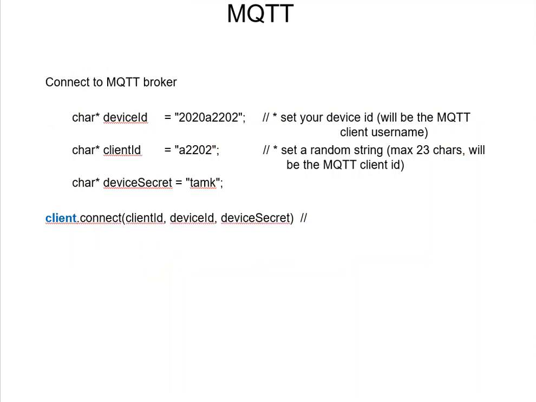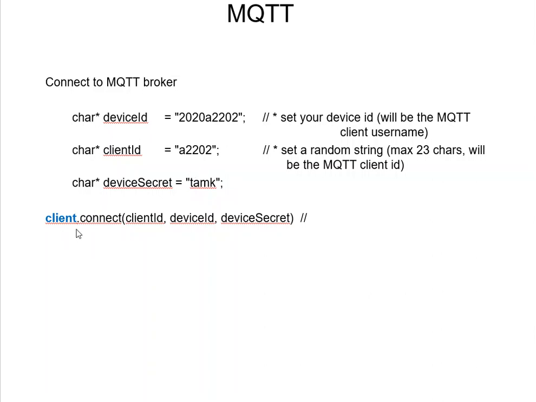And then I mentioned that there have to be these IDs: the device ID, client ID, and device secret. The most important thing here is to create some random values, because it is not allowed to have the same IDs in our system. So each team needs to have a different ID for the device ID and client ID. The device secret could be the same for all the teams.